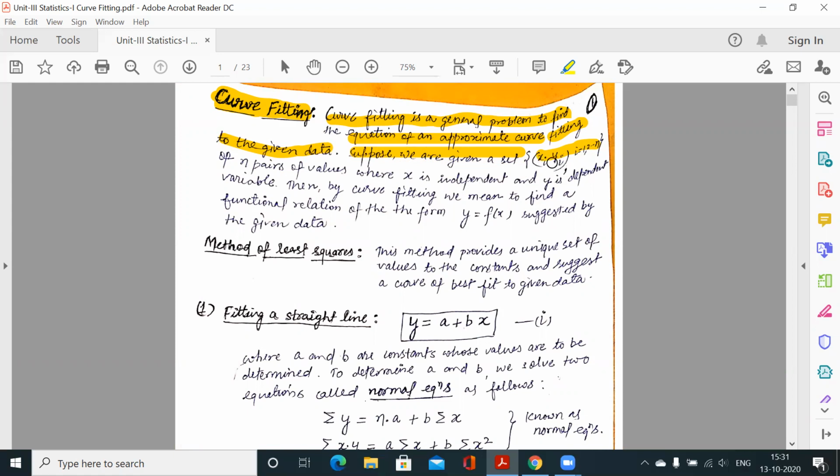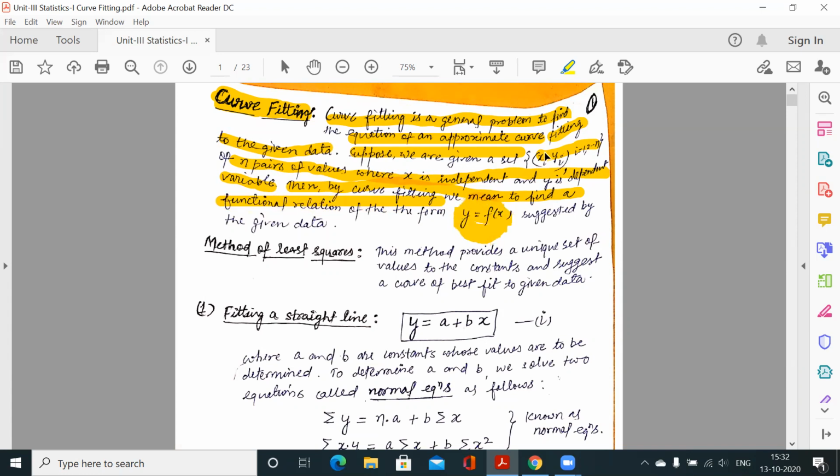So we are given n values of x and corresponding values of the function y, that is, n pairs of values, where x is the independent variable and y is the dependent variable. Then by curve fitting, we mean to find a functional relation of the form y equal to f(x). So that is our objective.